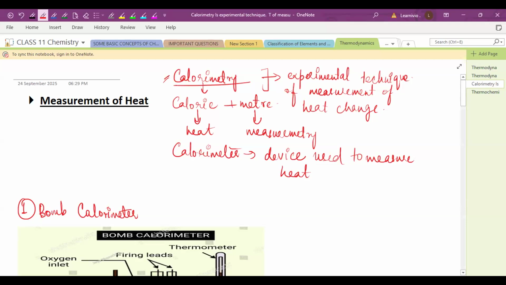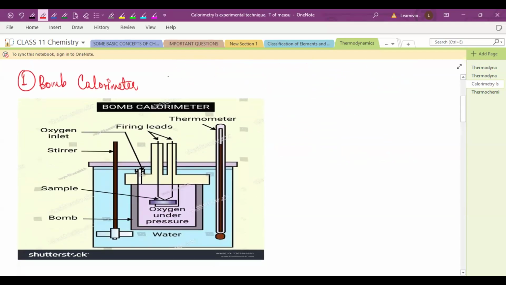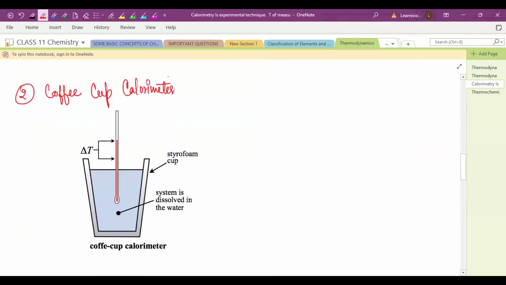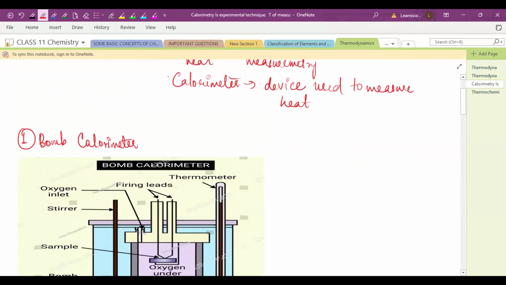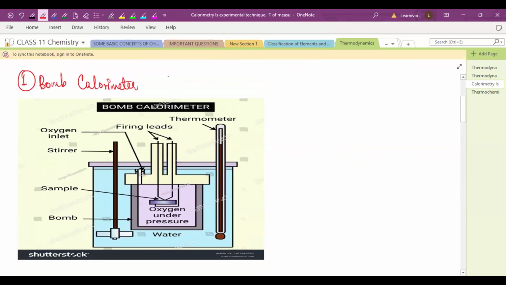In your syllabus, there are two types of calorimeter which we are going to discuss: the bomb calorimeter, and the second one is the coffee cup calorimeter.